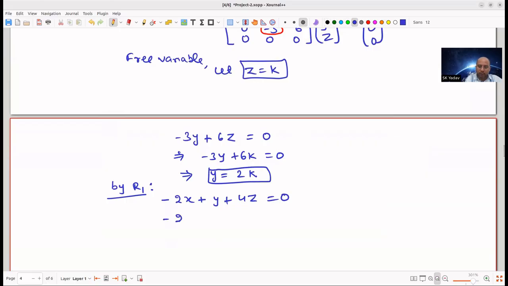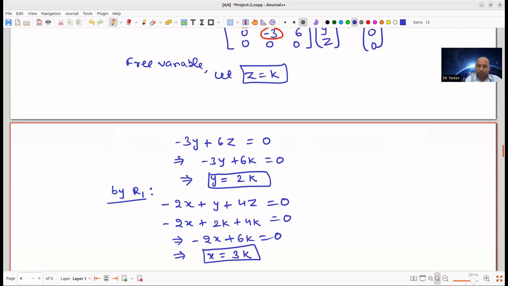So minus 2 times x plus the y value 2k and plus 4k, because z is k, equal to 0, and this implies minus 2x plus 6k is equal to 0, and this will give you x equal to 3k.